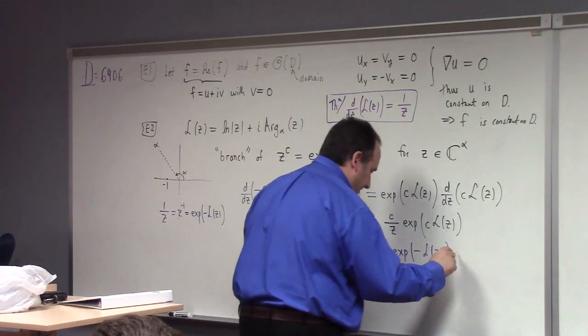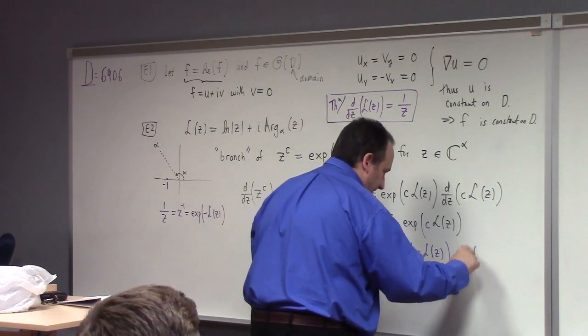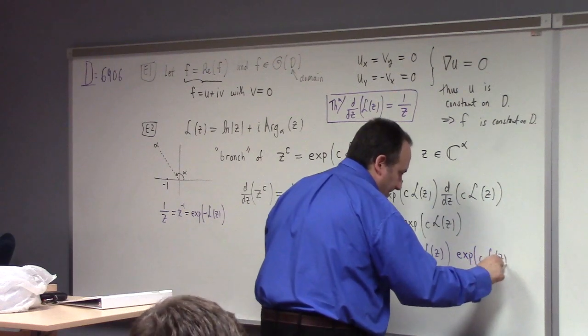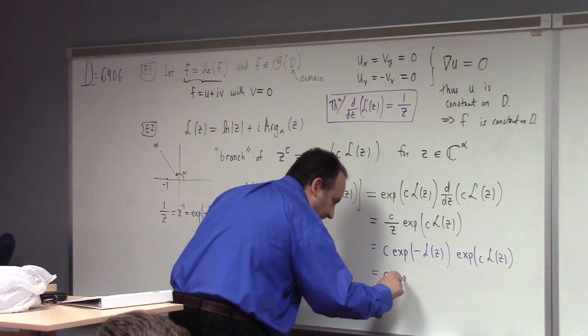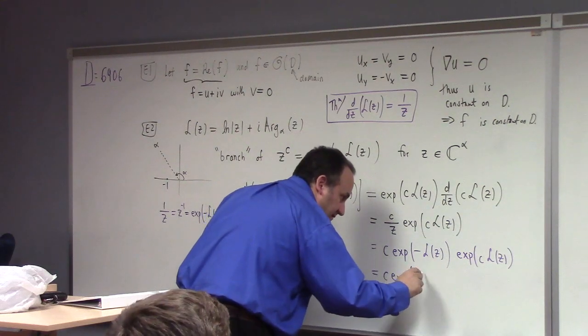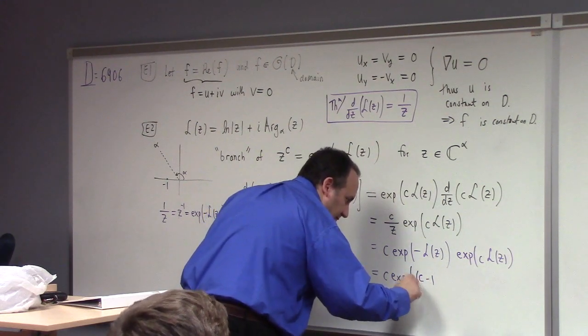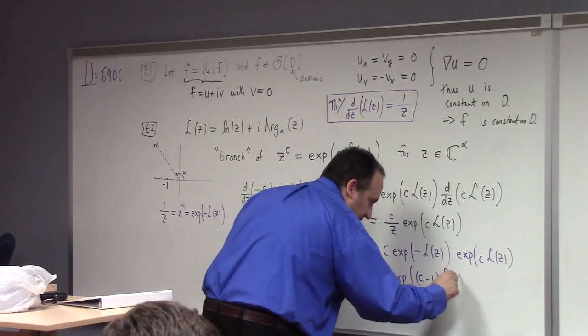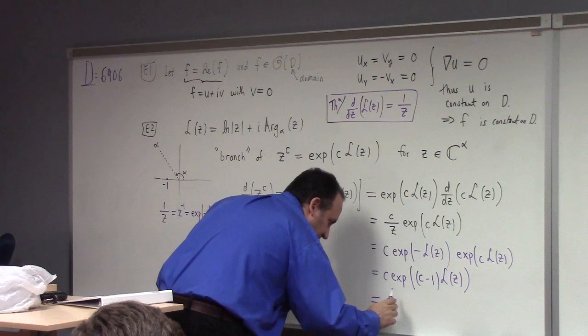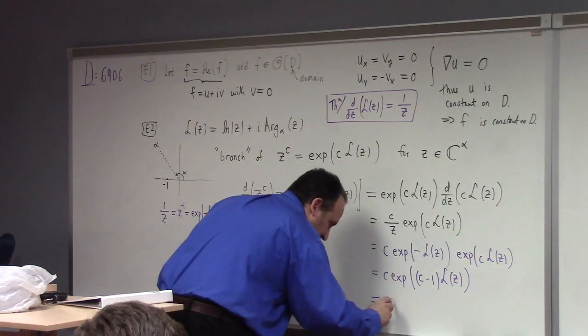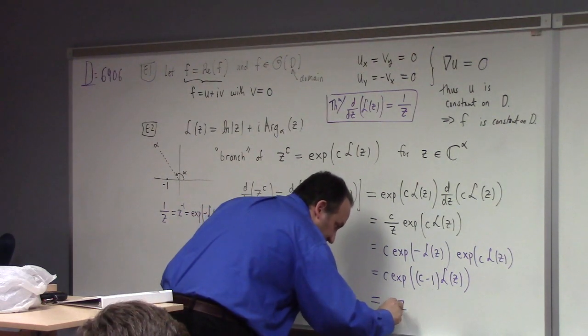And then what happens? We've got c times the exponential of c minus 1 log z, which is by definition c times z to the c minus 1 for the branch we're looking at.